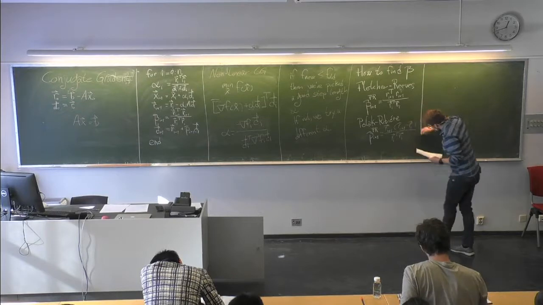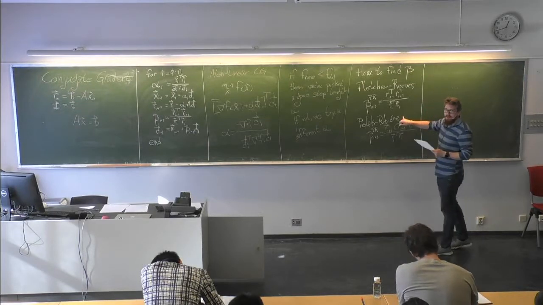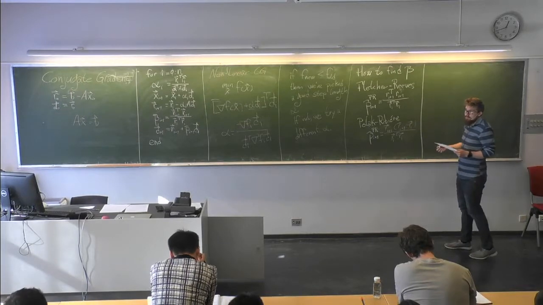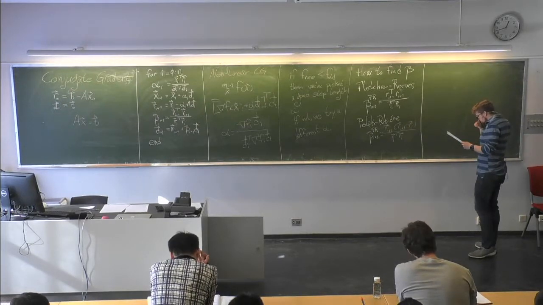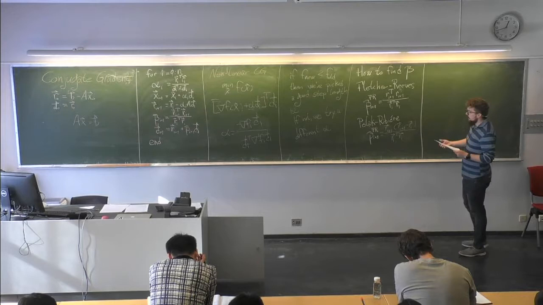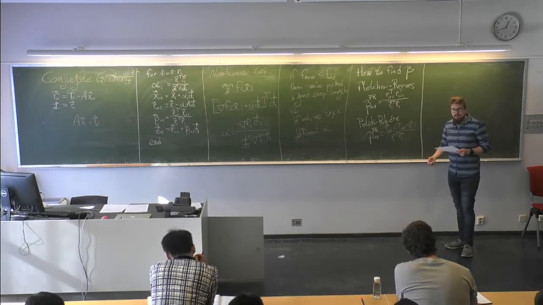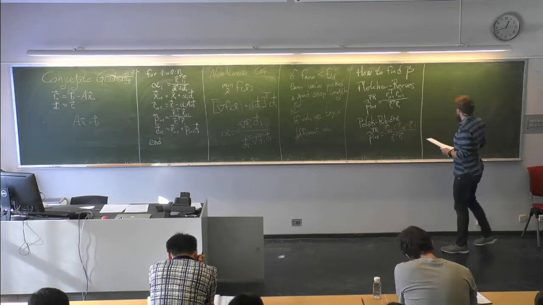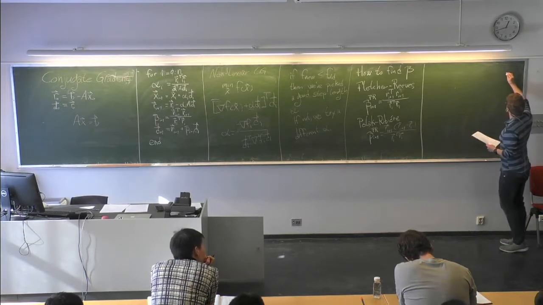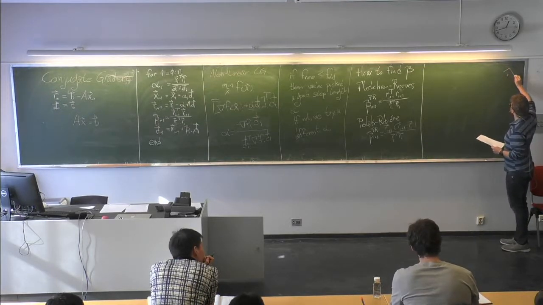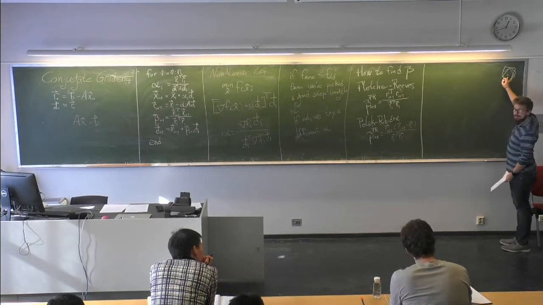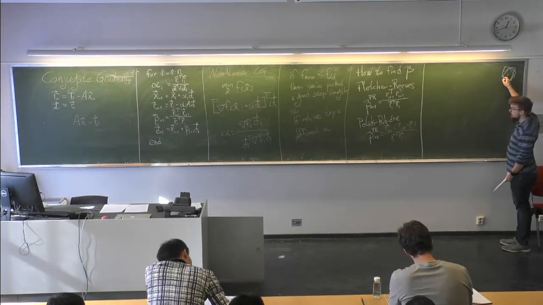So Polak-Ribière tends to converge faster, most often, but it might also cycle infinitely, meaning that your minimum point is here and you will just cycle around it all the time, so you will never find the optimum.